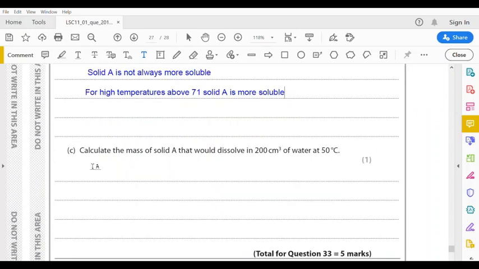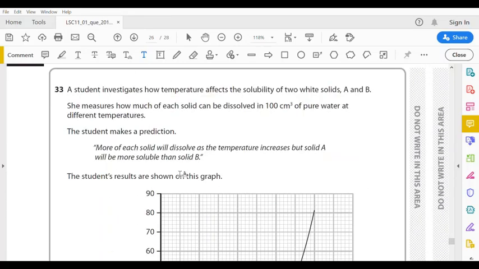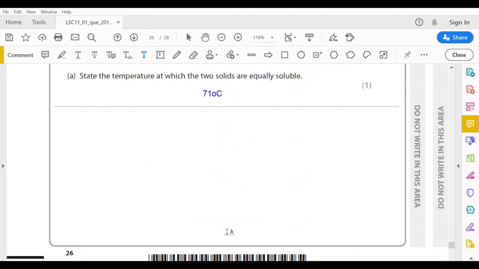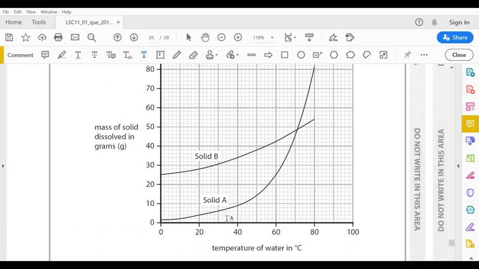Okay, next one. Calculate the mass of solid A that was dissolved in 200 cubic centimeters of water at 50 degrees Celsius. So let's see. At 50, if you go through, you can see the value. If you can mark using a dotted line here.